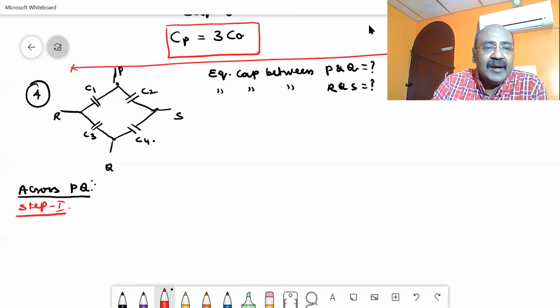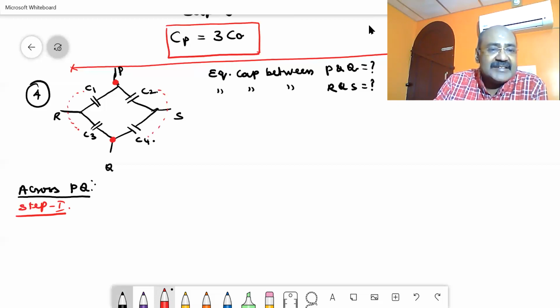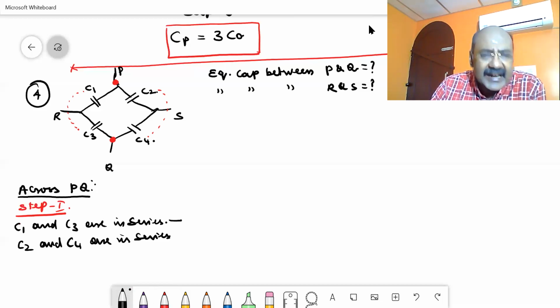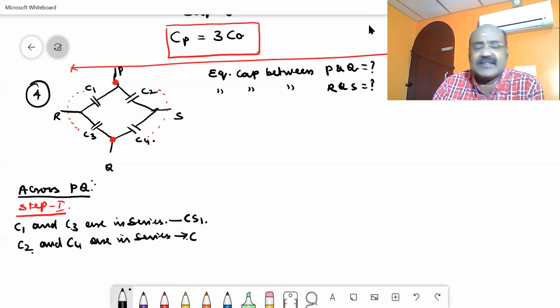If you are taking across P and Q, then C1 and C3 are in series, similarly C2 and C4 are in series. The C1 and C3 in series, let us consider as CS1, and C2 and C4 in series, let us take as CS2.